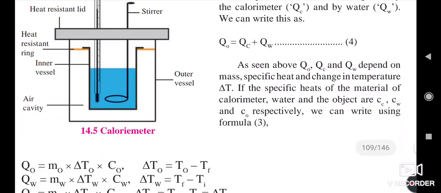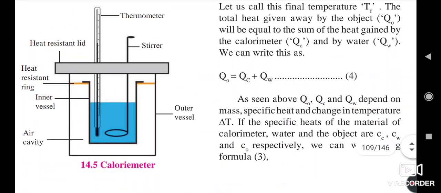So we get the formula: QO is equal to the heat of the object, which is equal to the heat gained by the calorimeter plus the heat gained by the water.